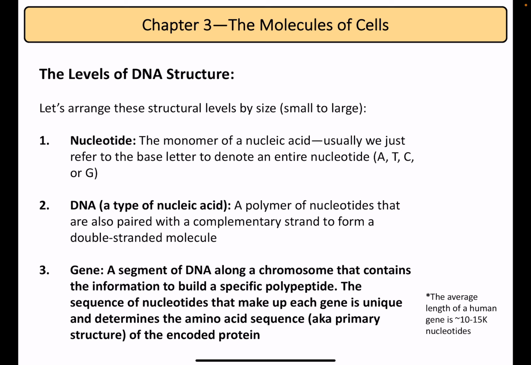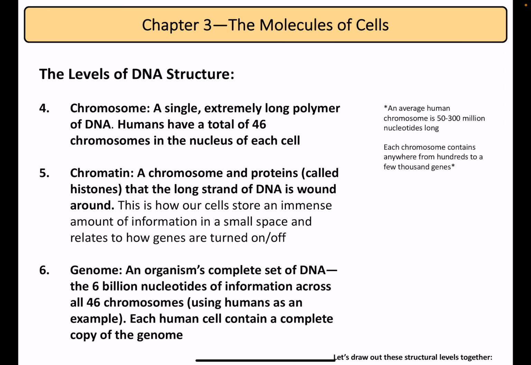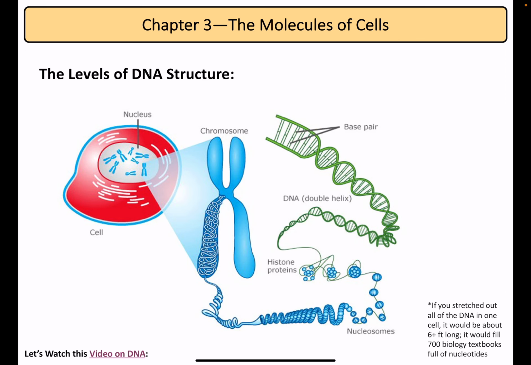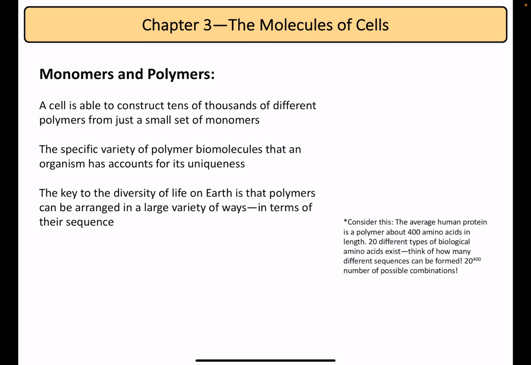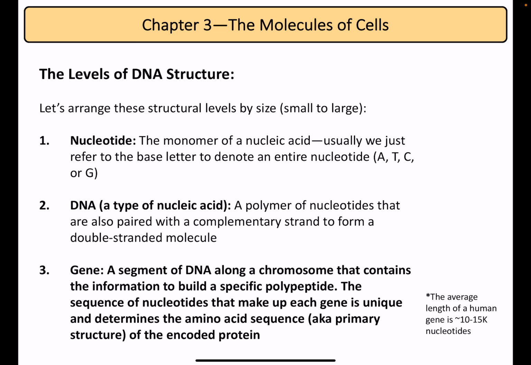So, kind of interesting. And we want to end this by expanding on, as I said, the most important of the 4 classes of biomolecules, especially for us moving forward. We're going to talk a little bit more about DNA. And we're going to focus on what I call the various structural levels of DNA.